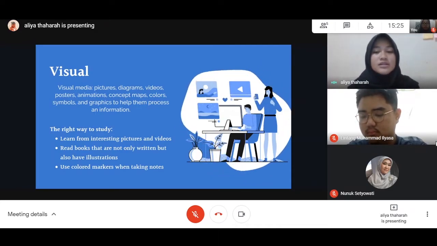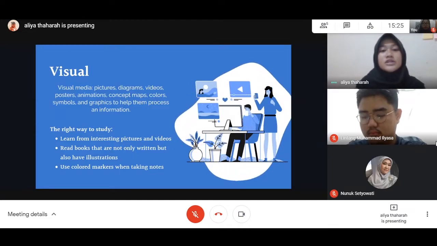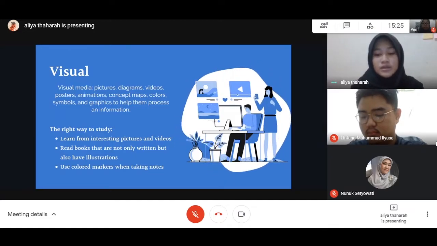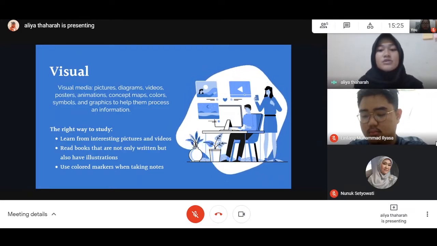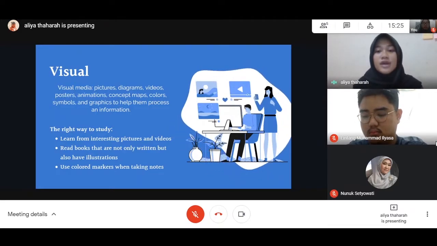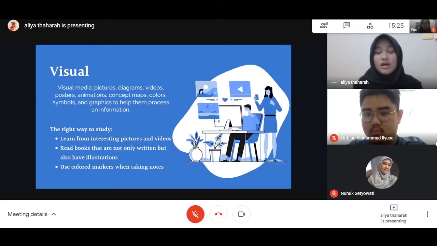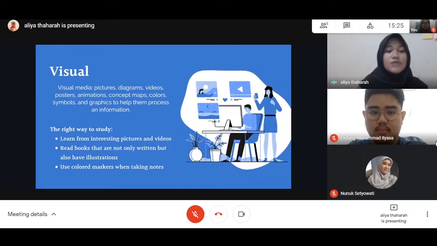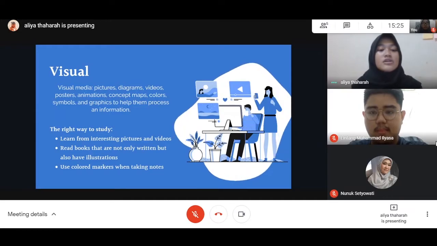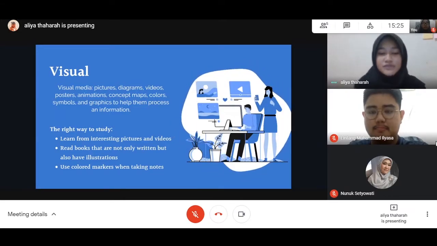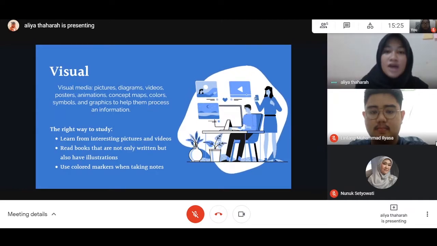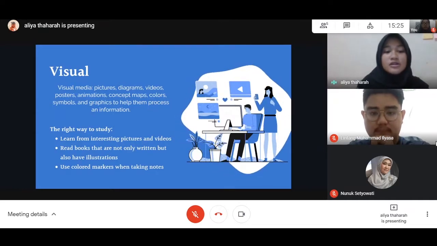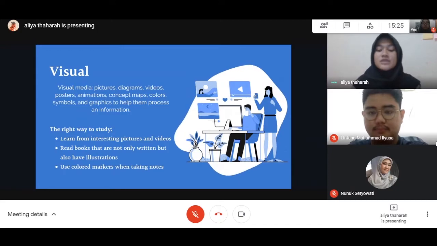So a person whose learning style is visual likes to draw on paper, and usually their notebooks are more creative and more colorful than others. The right ways to study are learning from interesting pictures and videos, reading books that are not only written but also have illustrations, and using colored markers when taking notes.